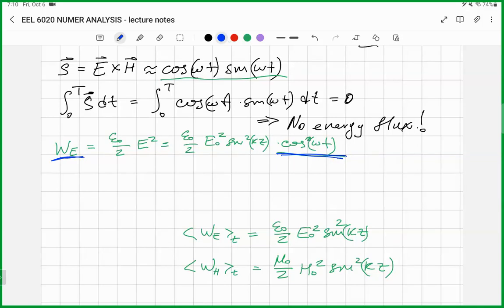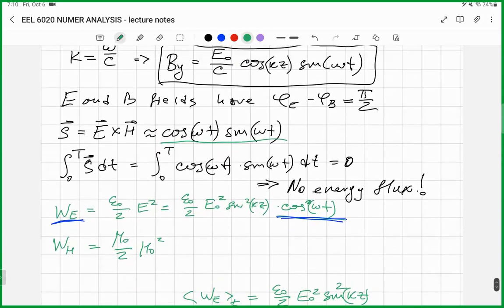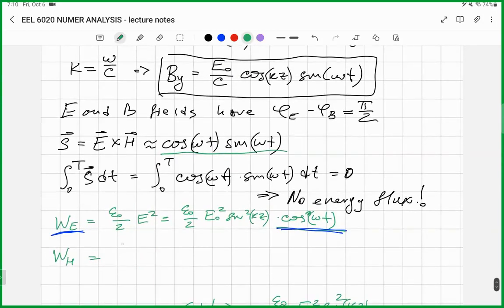Now if I find the energy of the magnetic field, I get mu 0 over 2 H0 squared, and then what I had is E0 squared over c squared, cosine squared kz times sine squared omega t.